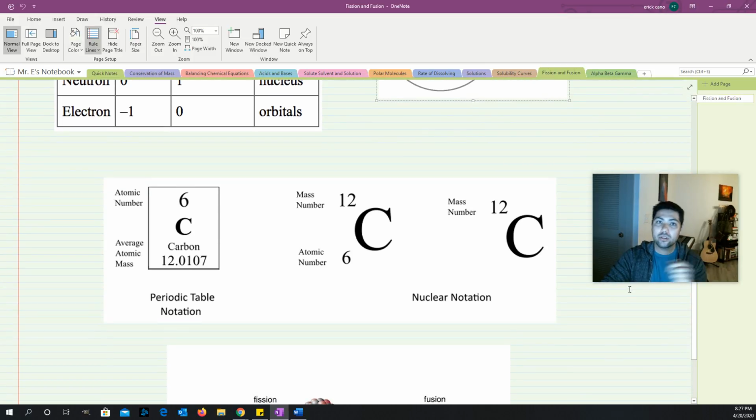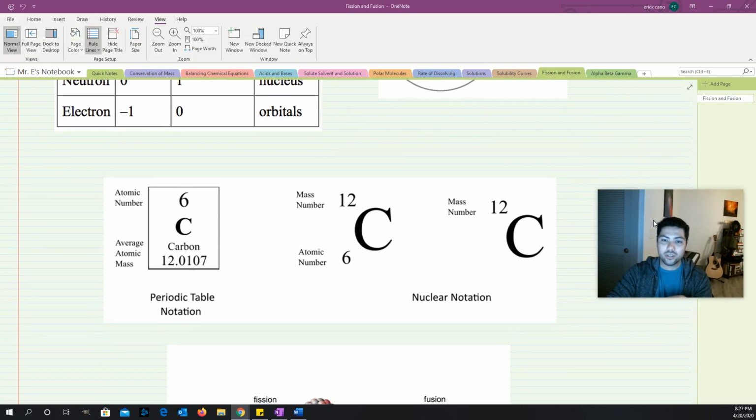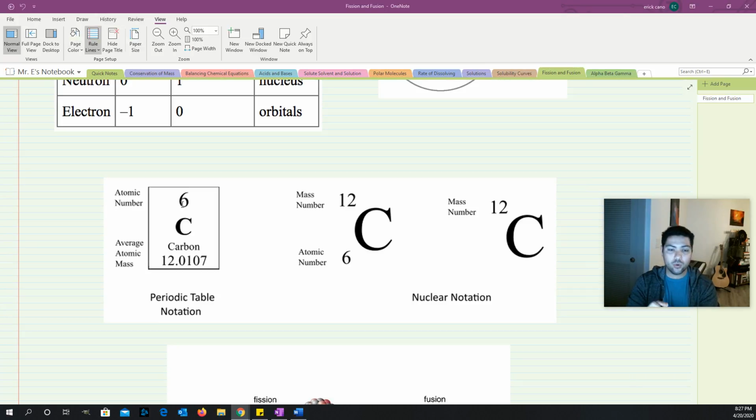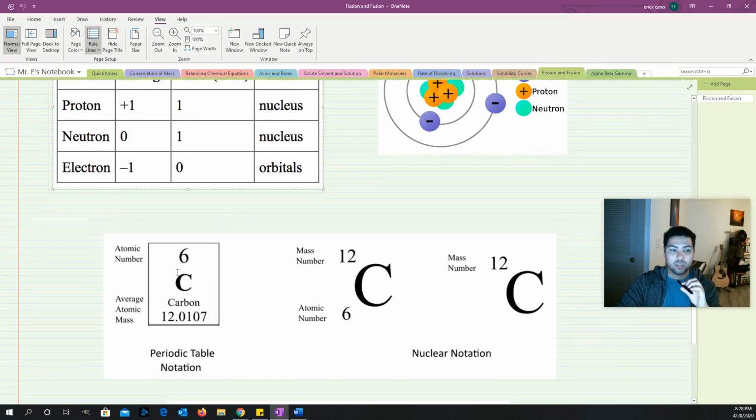One thing you're going to see in your practice problems is a notation you're used to. If you remember, the atomic number meant the number of protons. So if you have a 6, that means you have 6 protons. So where did the 12, the atomic mass, come from?